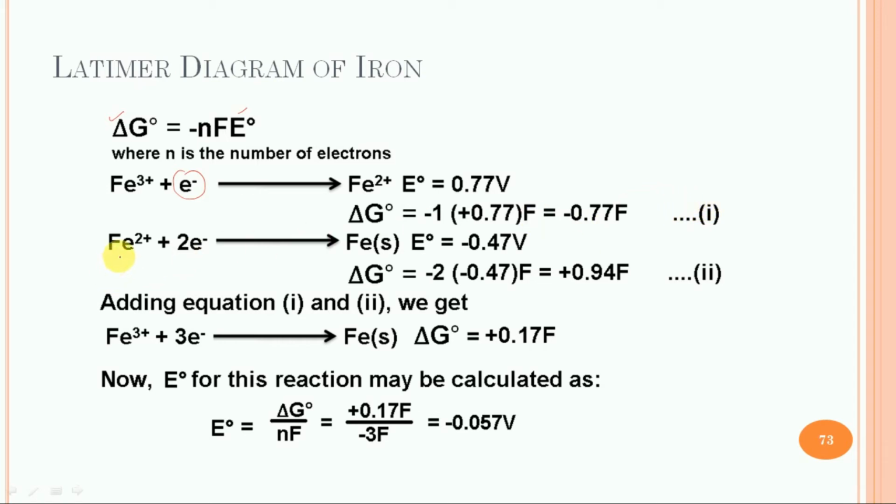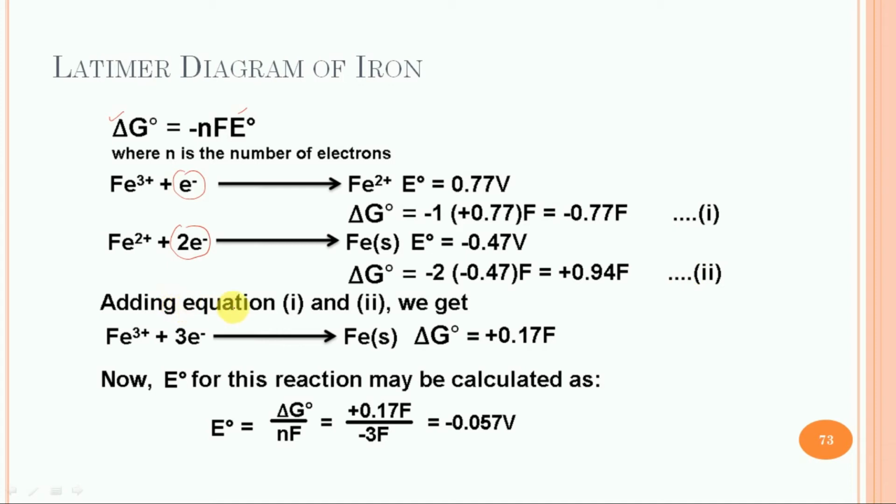Then similarly, for the change of iron 2 positive to iron, the number of electrons exchanged is 2, and delta G is equal to minus 2 times the electrode potential, minus 0.47, into F. So it comes to plus 0.94 Faraday. So this is equation number 2.